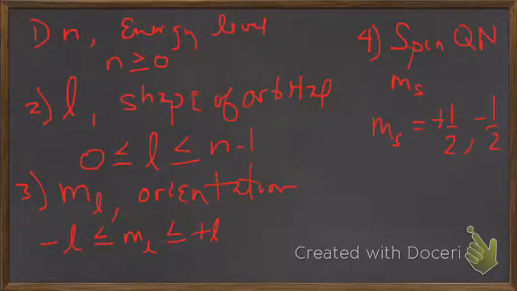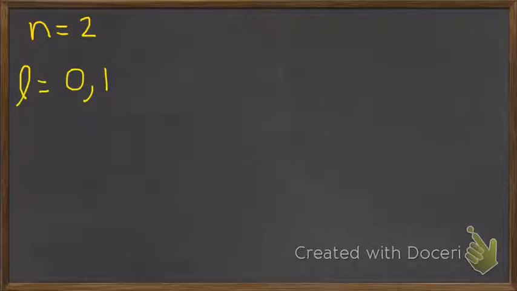So let's do an example of the possibilities. Let's write out all the possibilities for n equals 2. If n equals 2, l can equal 0 and 1. M sub l can equal -1, 0, and positive 1.